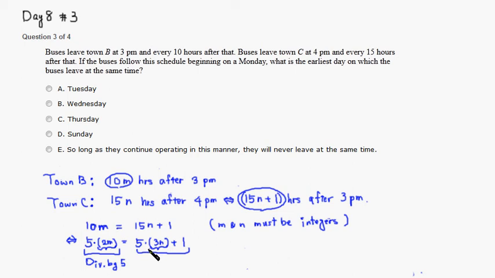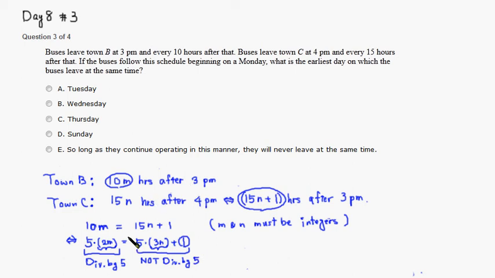But look at the left-hand side, you see that if you divide by 5, you're going to have a remainder 1. So it's not divisible by 5. Right?